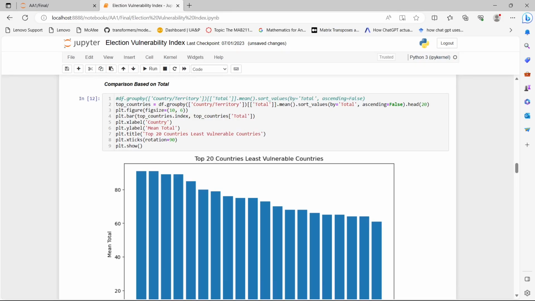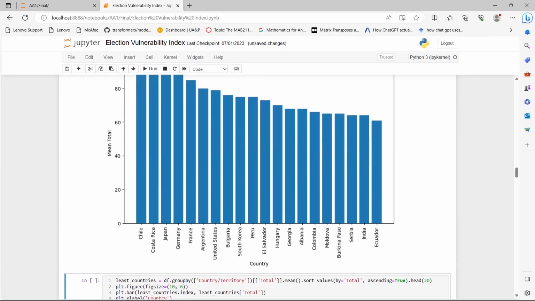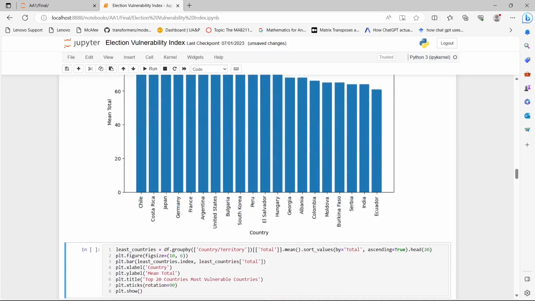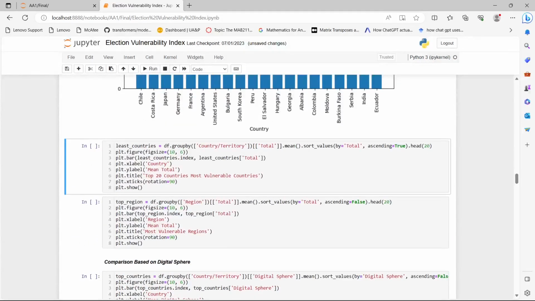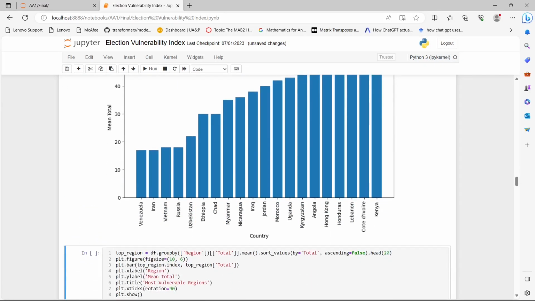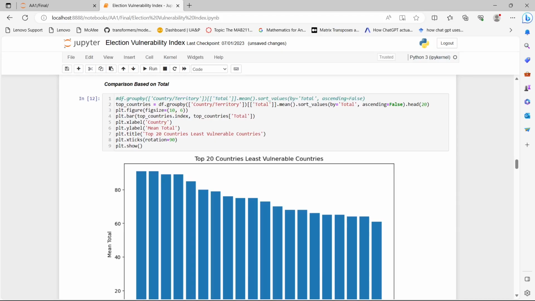And there you can see we have these different countries. Chile is number one in the list with the highest total score. And the least vulnerable, we have these countries. I got it wrong, sorry, I made a mistake. The top 20 is actually the countries which are least vulnerable.